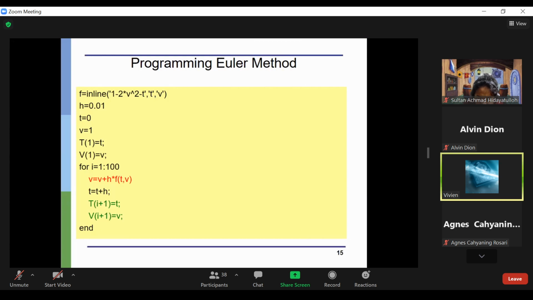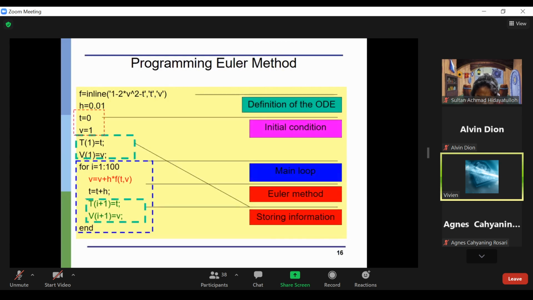If we want to insert this in MATLAB, we can insert this function as inline. We call the function inline, and we insert the equation in single quotation: 1 minus 2 times phi squared minus t. Then we insert the variables, t and phi, which are the arguments passed to the function.